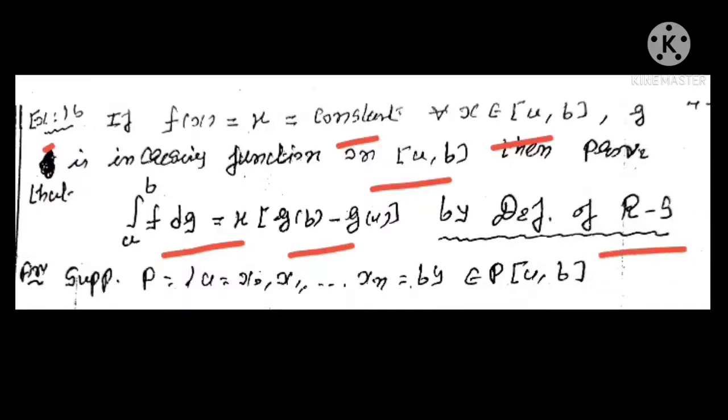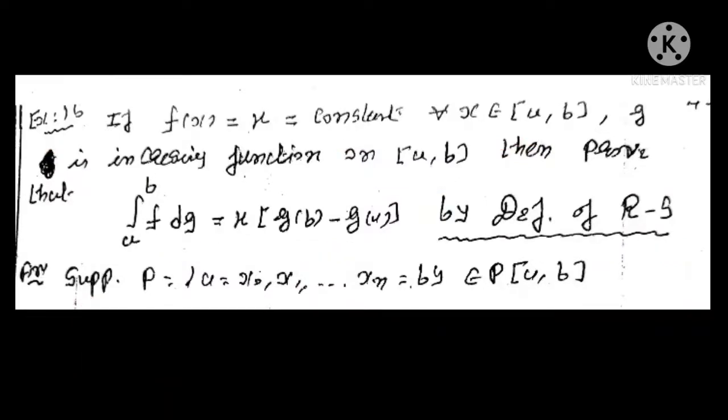Let us solve. Suppose P is equal to x0, x1, x2 up to xn, where x0 is equal to a and xn is equal to b, belongs to the partition of the closed interval AB.